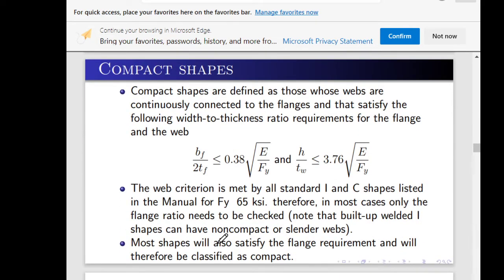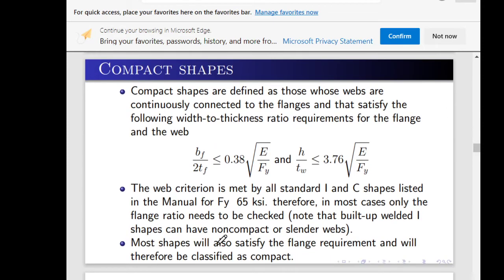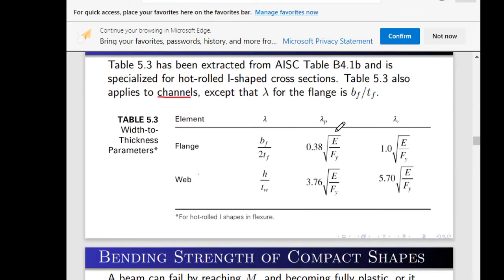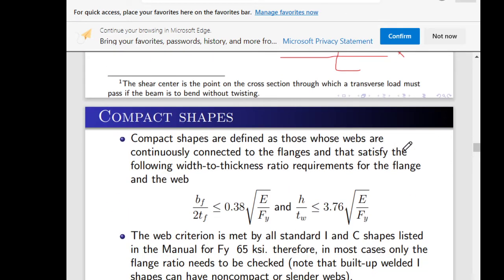So we have compact shapes. Actually, this one is from the table previously. So you have to check now this lambda sub p and lambda sub r. Now, compact shapes are defined as those whose webs are continuously connected to the flange and that satisfy the following width to thickness ratio requirements for the flange and the web.